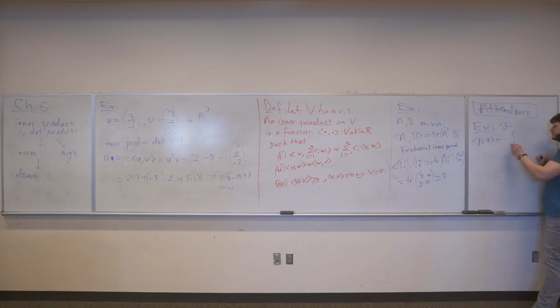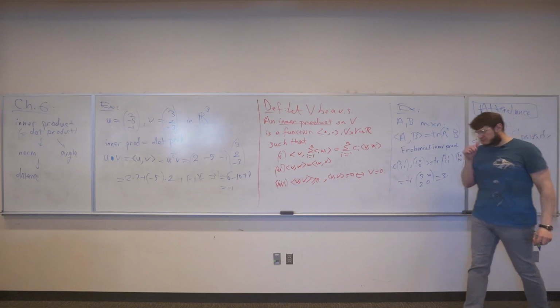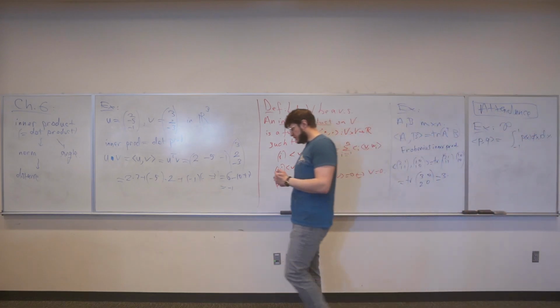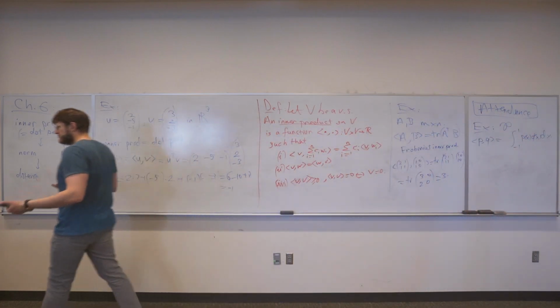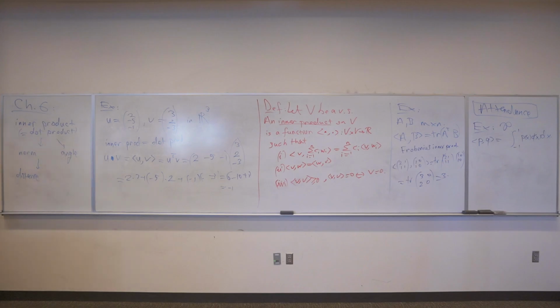Say you integrate from -1 to 1, P of x times Q of x dx. Okay, this is slightly harder to write down or verify, but it certainly is an inner product. It's one of the most important inner products, in fact.